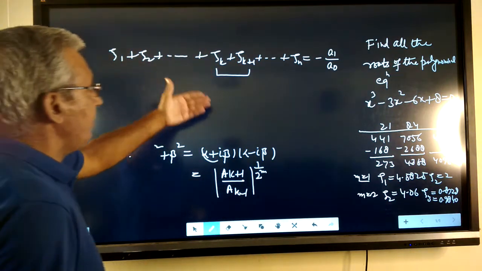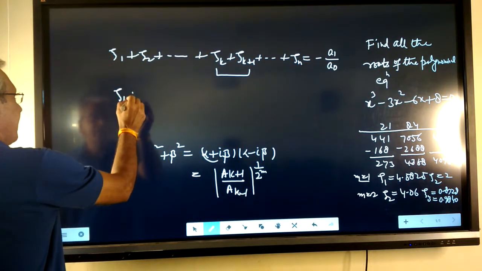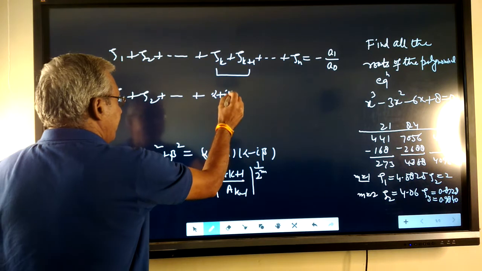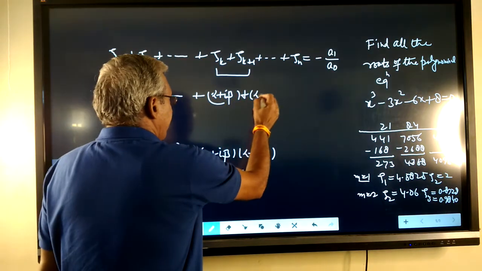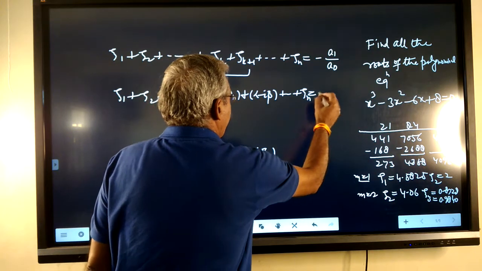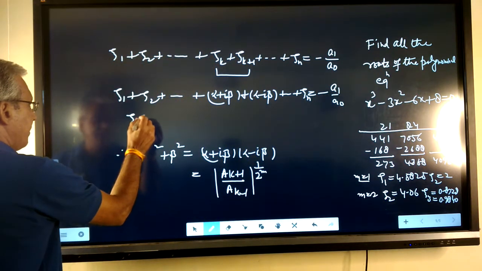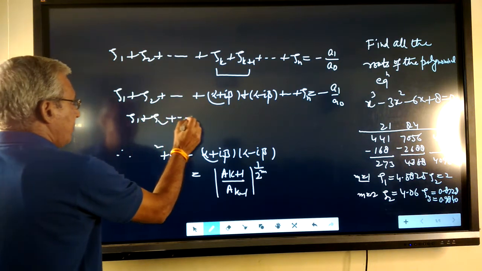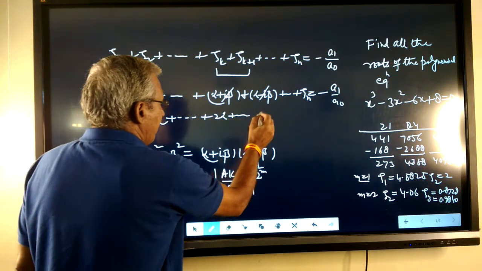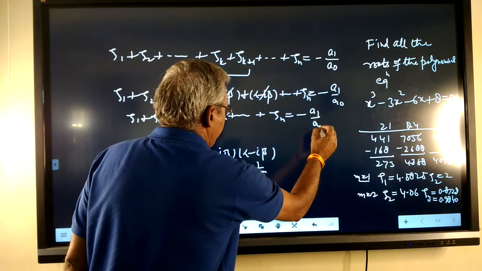After putting the values of xi k and xi k plus 1, we have xi1 plus xi2 plus and so on, alpha plus iota beta plus alpha minus iota beta plus and so on xin, which is minus a1 upon a0. Iota beta is cancelled out, so this is 2 alpha plus and so on xin, equal to minus a1 upon a0.